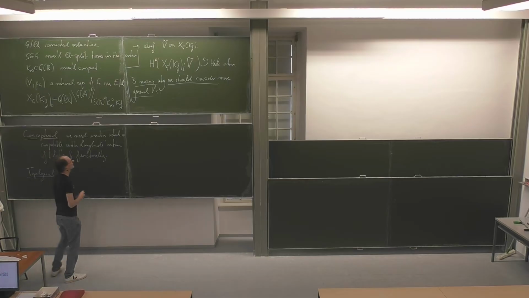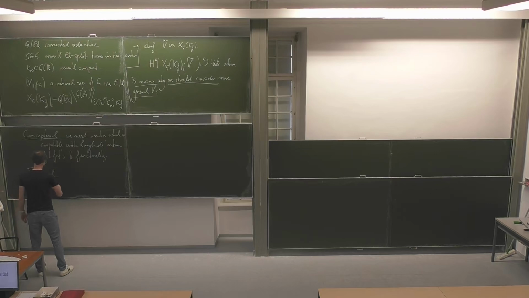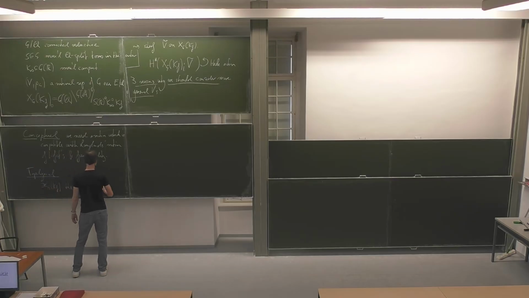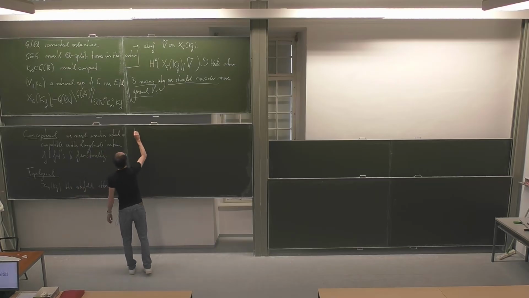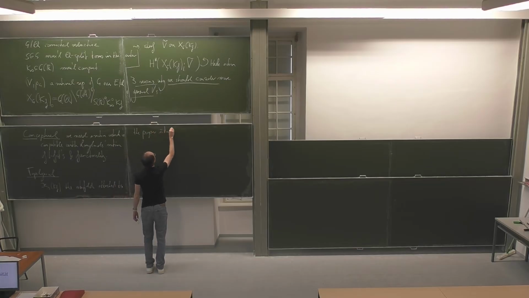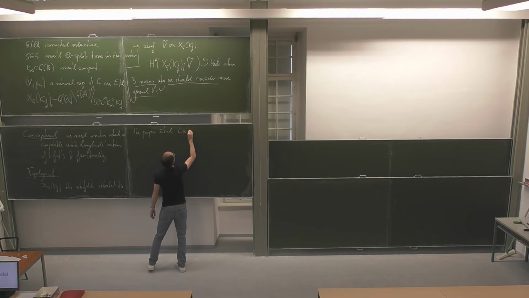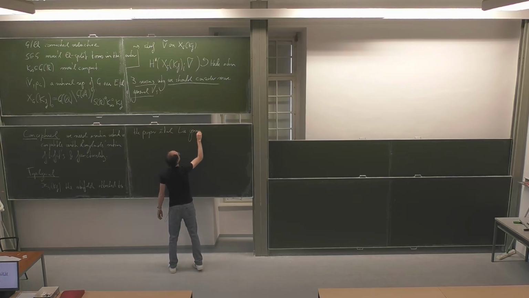So let me write it down, maybe here. I denoted X_G, so I'll just write another letter X, the proper étale Lie groupoid of the following form.